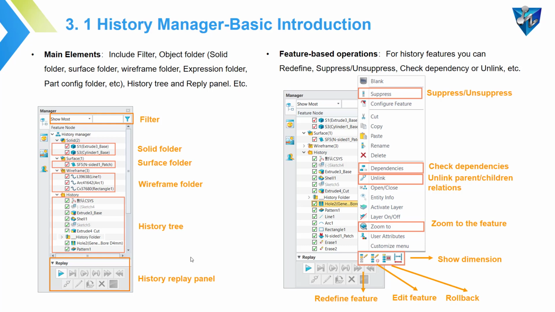For the history replay panel, you can do some history operations here, like replay, edit, delete, suppress, unlink, and relocate, etc. On the right side of the page, we can see some common feature-based operations, like redefine, suppress, unsuppress, check dependency, or unlink. And also there are some like redefine, edit, rollback, or show dimensions, etc.